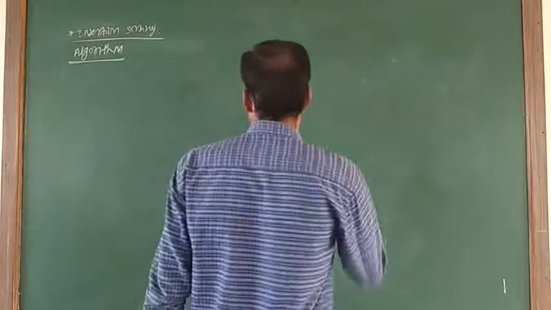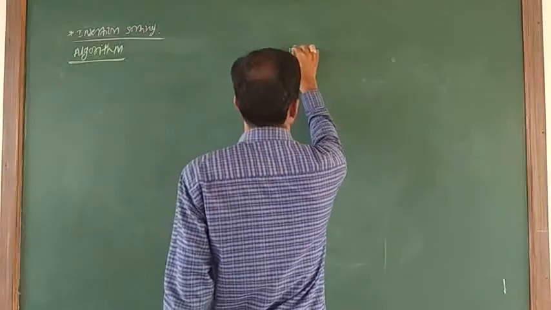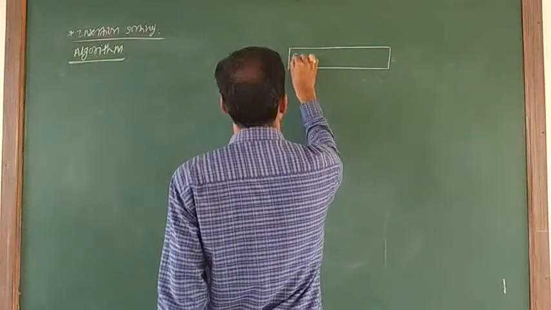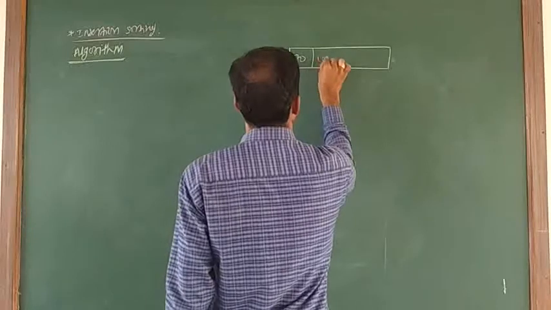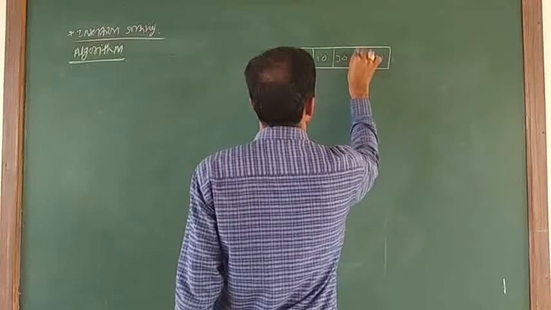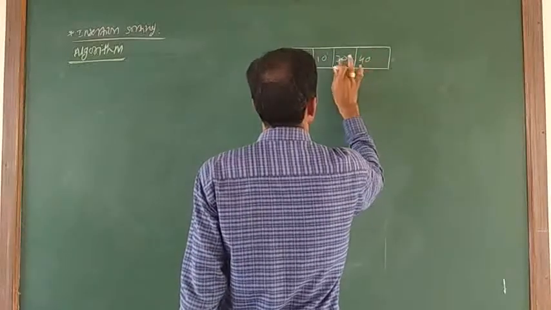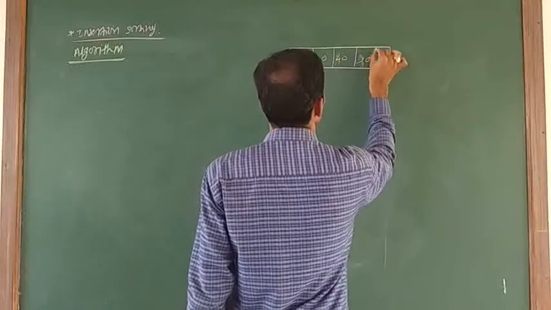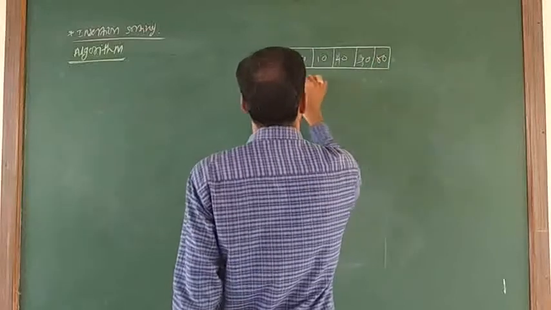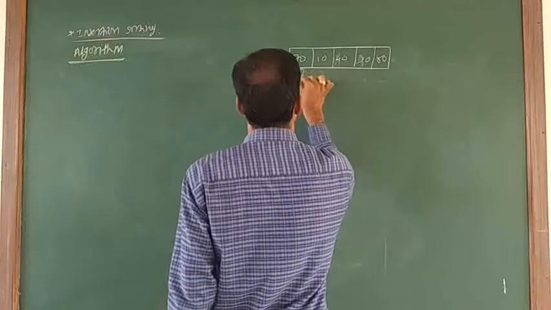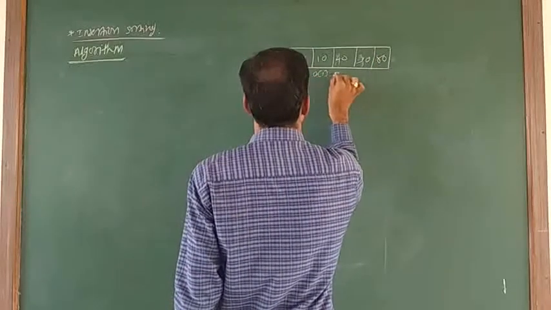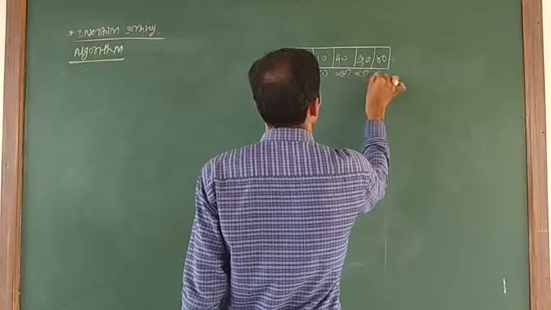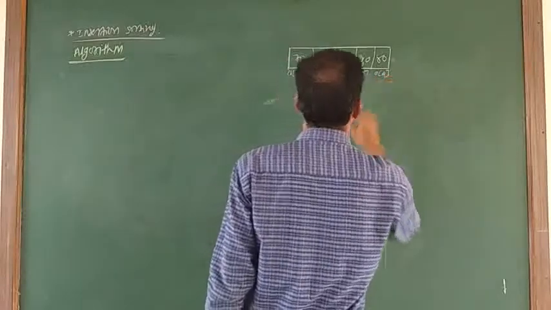So I will take one array here: A of 0, A of 1, A of 2, A of 3, lastly A of 4.